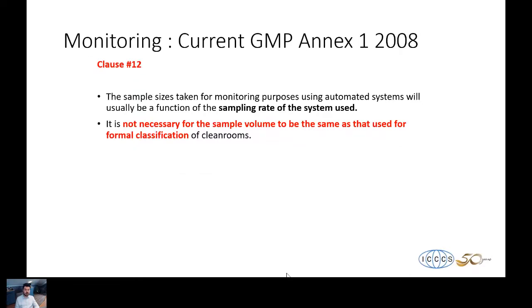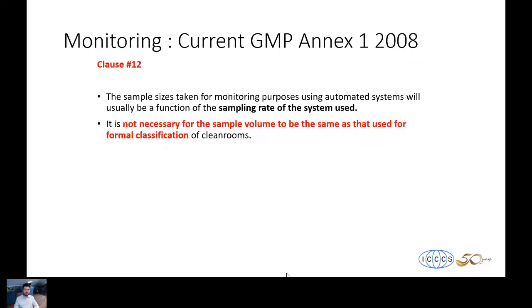For 5 micron, it's not easy to give this feedback because you cannot divide 20 by 36 for this example, but don't worry about it because your aim during production regarding 5 micron has to be 0. So if you're getting 1, you should warn yourself. If you start getting 2, then this should be an action. This should be the point where you need to take immediate action on your system, because we don't want to see these 5 microns. Even for classification there is a limit, but still we have to make sure that we are not having 5 microns, which is a potential threat from your HVAC system.